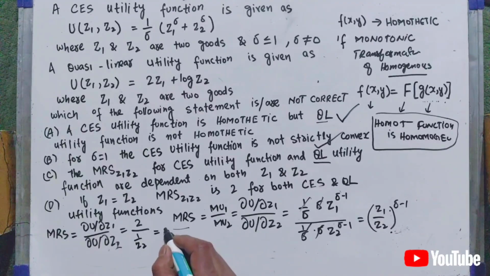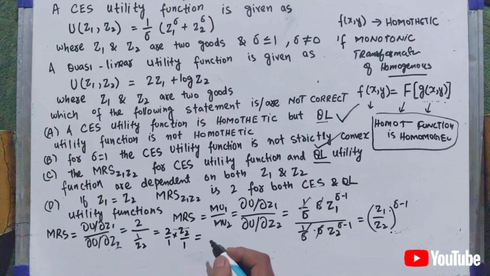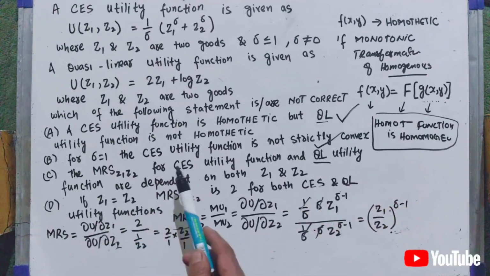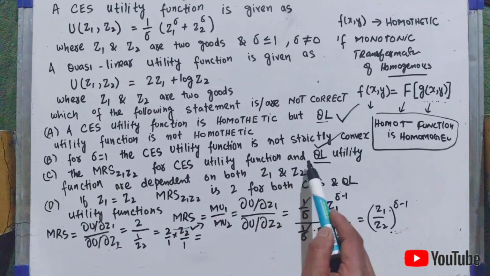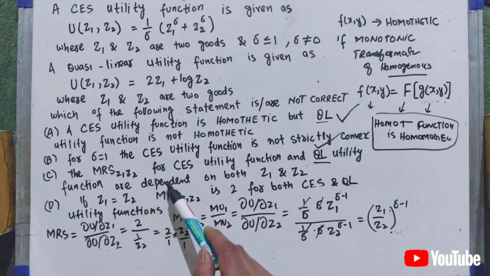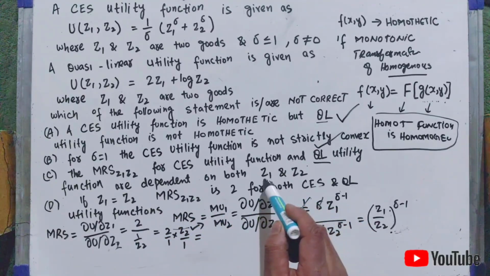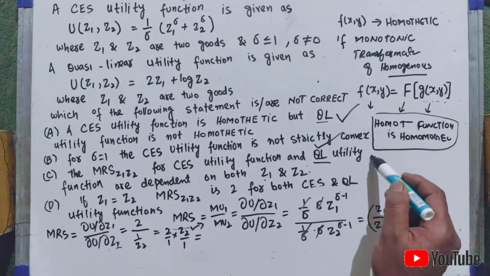So here we got 2 divided by 1 upon z2. Here the MRS depends upon only one good, that is z2. So for the CES utility function, the MRS depends on both z1 and z2, but for the quasi-linear utility function, the MRS does not depend on both z1 and z2. It only depends on one of the goods, which is z2 in this case. So this option, option C, is incorrect.